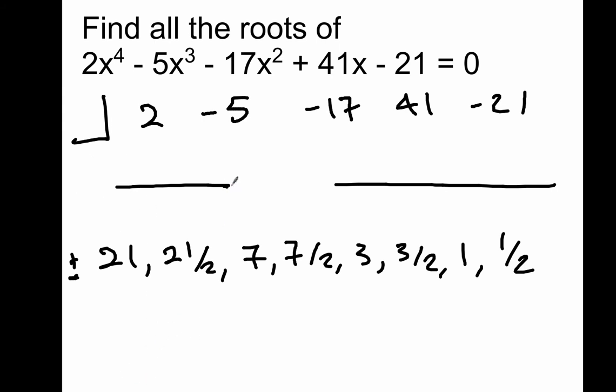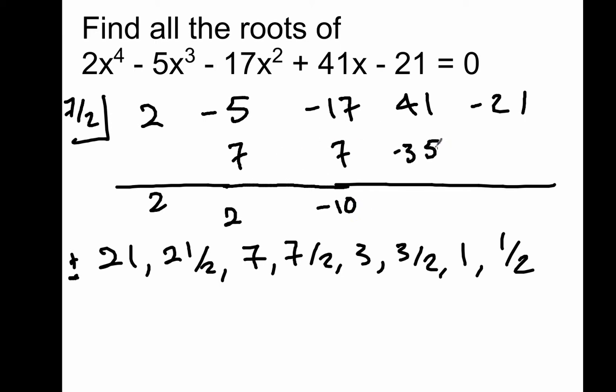Let's try 5 over 2. I like that fraction, or 7 over 2 rather. Sorry, 5 over 2 is not an option. So let's try 7 over 2. Bring down the 2. We're left with 7. Positive 2. 7 over 2 times 2 is 7. We're at negative 10. 7 over 2 times negative 10 is negative 35.